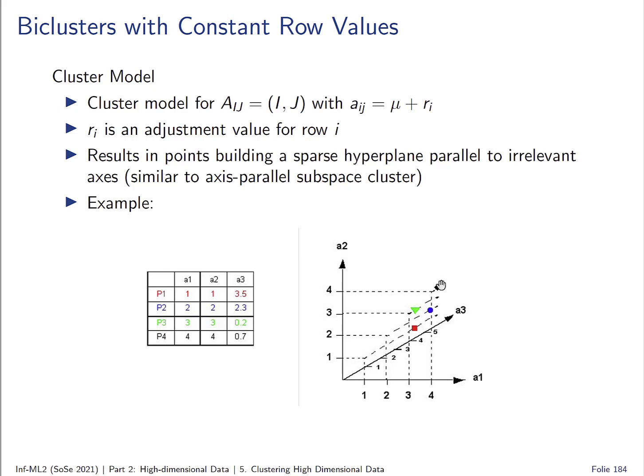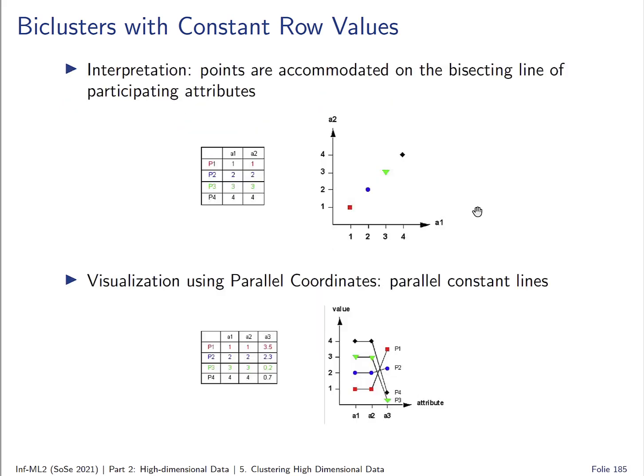So the points are embedded in a two-dimensional hyperplane in that case, which is parallel to A3. It has a couple of degrees of freedom, of course, but that's how it is. So it's again quite similar to axis-parallel subspace clusters, and we'll see that on the next slide.